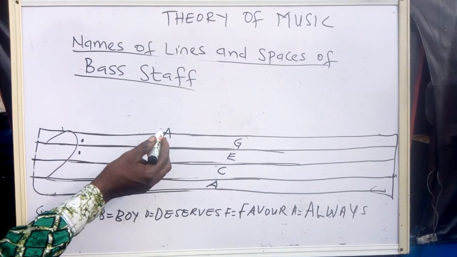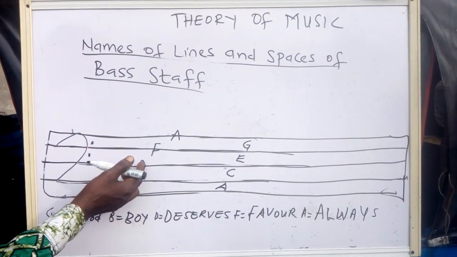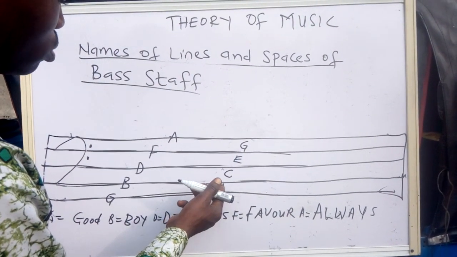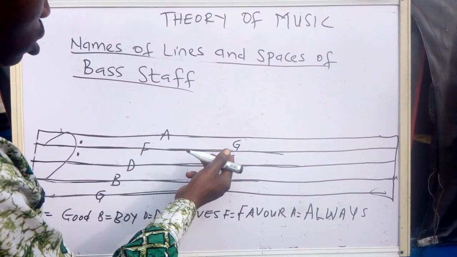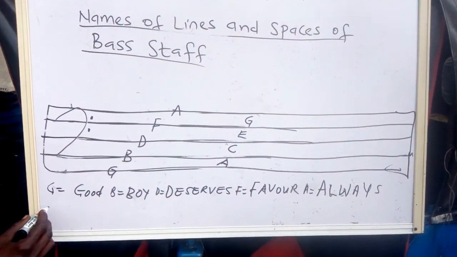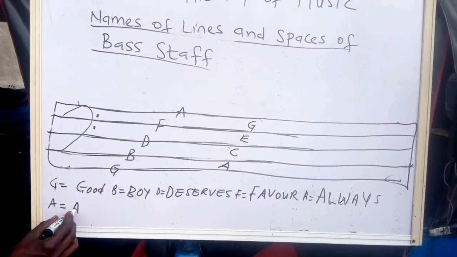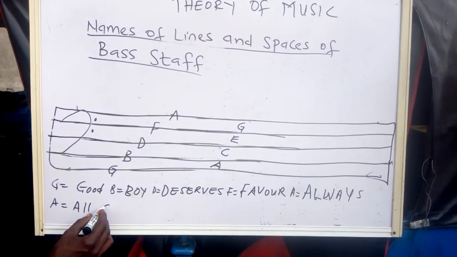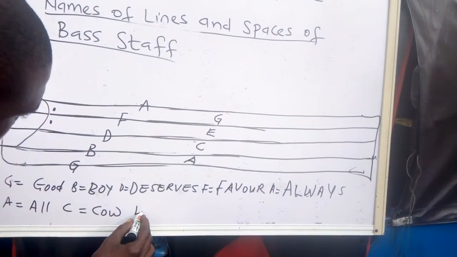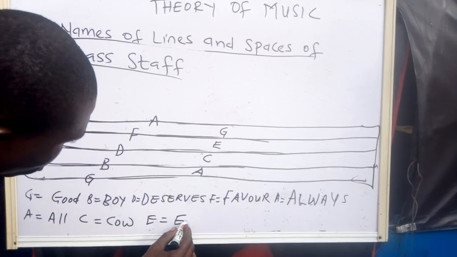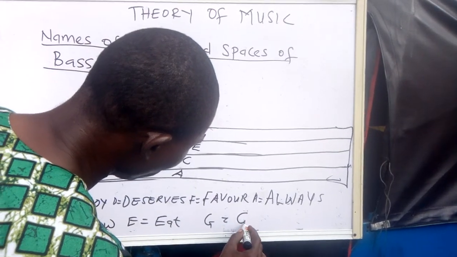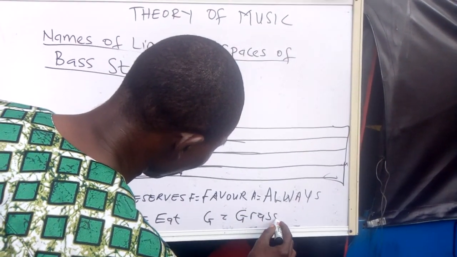Please remember this: G on the line, B on the line, D on the line, F on the line, and A on the line. And for the spaces, you have space 1 to be A, space 2 C, space 3 E, and space 4 you have your G. So for the spaces, we have A to be all, and then we have C to be cow, and then we have E to be eat, and then we have G to be called, let's take it as grass or grasses.